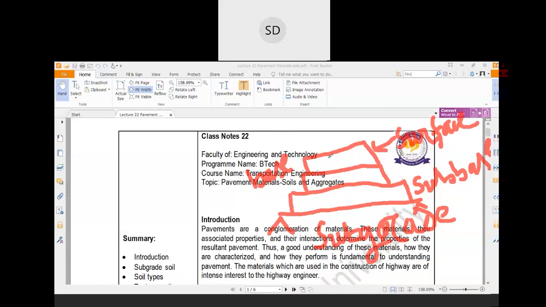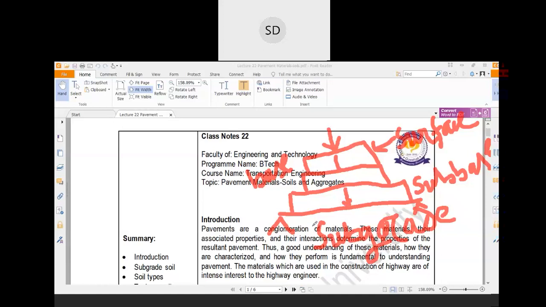If you consider the distribution of the load, suppose vehicle loads are applied over here. Now this load will gradually go down, and ultimately it will be borne by the subgrade layer.